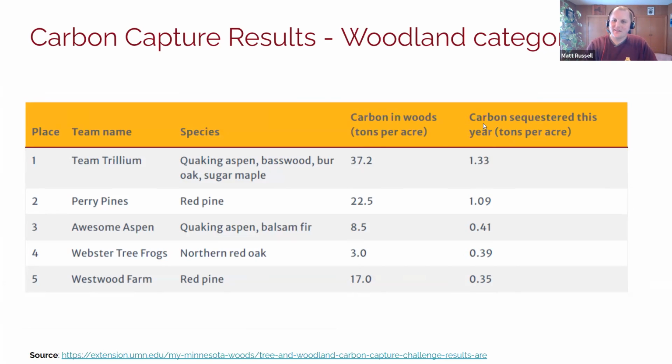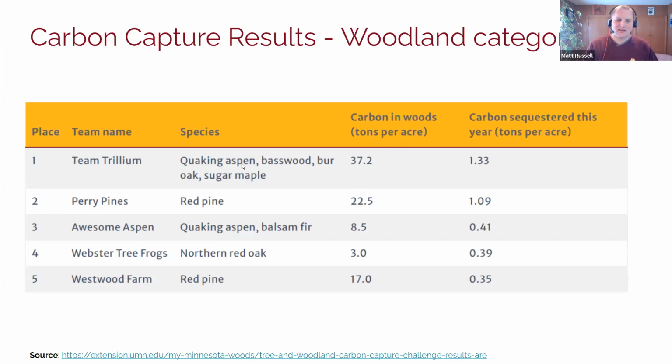The winner, just to give you some context for numbers here, Team Trillium, was a family just outside Bemidji, Minnesota, and their carbon measured about 37 tons per acre. It sequestered 1.3 tons per acre in the 2020 growing season. And that was a pretty diverse stand.